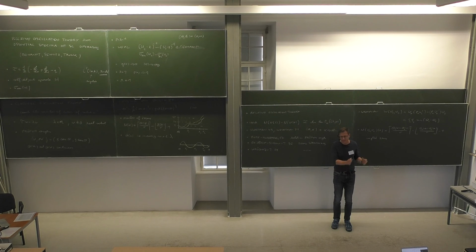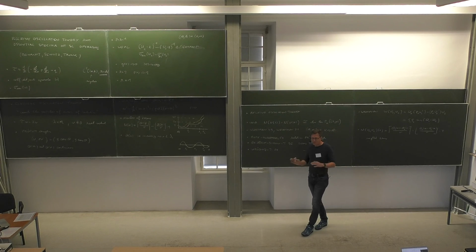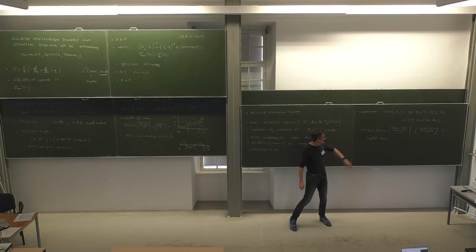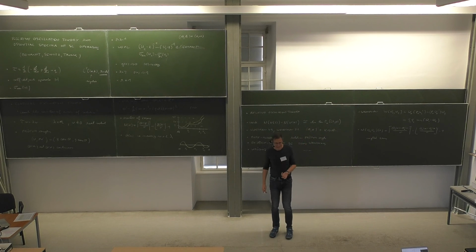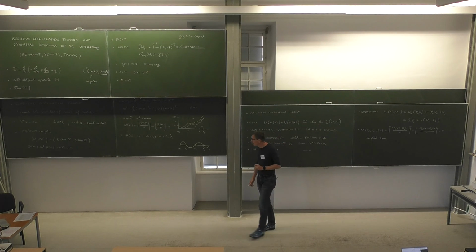So if it's finite, I'm saying I'm relatively non-oscillatory. If it's infinite, I'm saying I'm relatively oscillatory. That's going to be an equivalence relation. It's not going to depend on the solutions you're looking at, and you will have the corresponding connection with the spectrum. So that means if it's infinite, there must be some difference between the essential spectrum of the two operators.